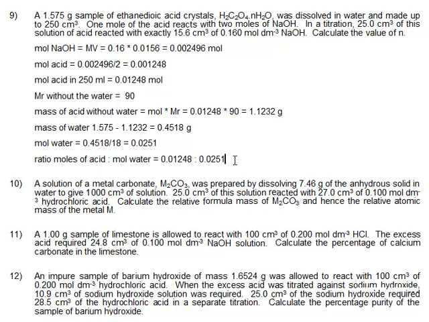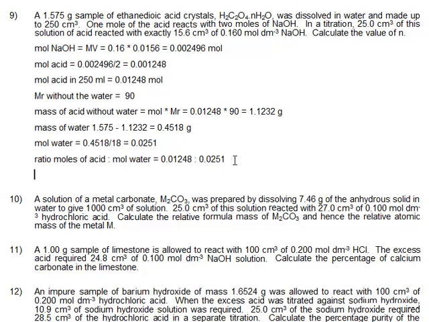and to get that into a simplest integral ratio, we divide through by the smallest. So if you divide this by, this is the smallest one, divide that by that, comes to 1 acid to, and that divided by 0.01248 is going to come to 1 to 2.